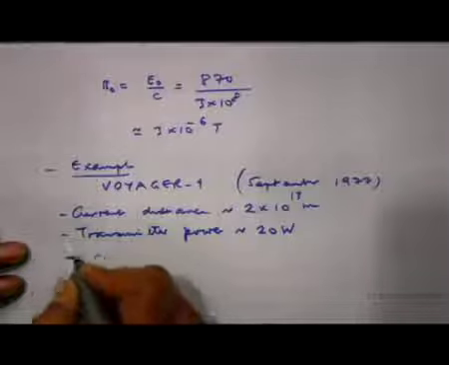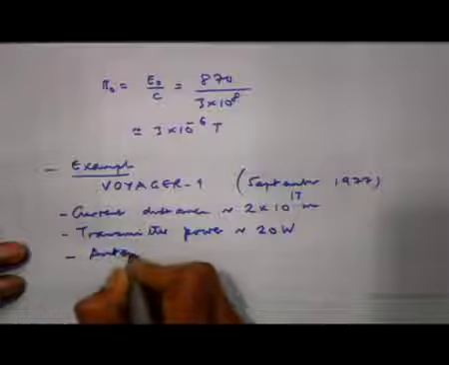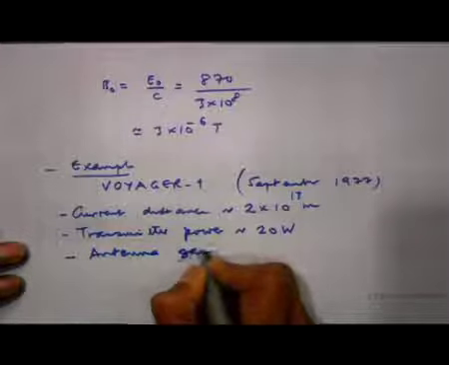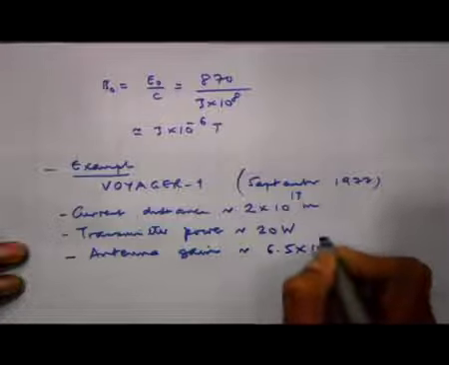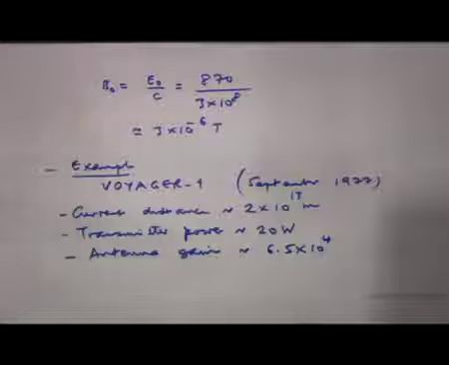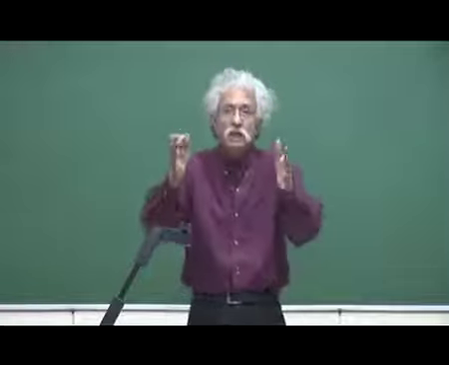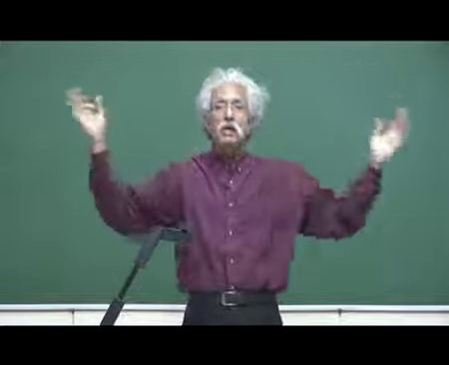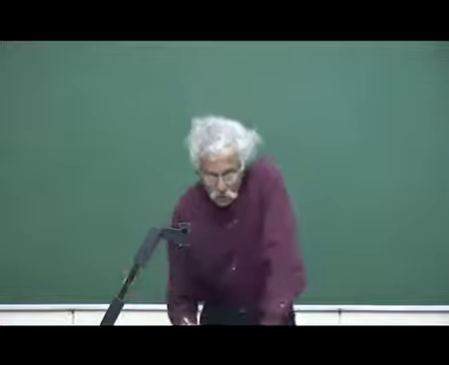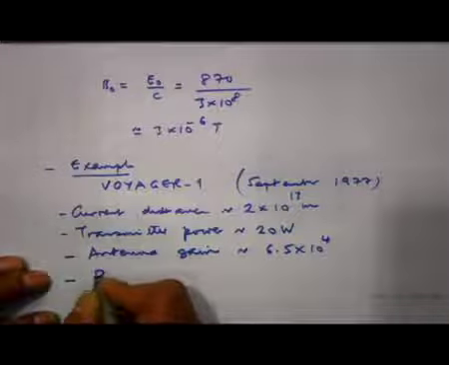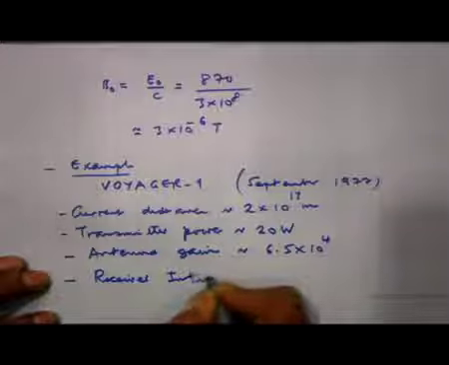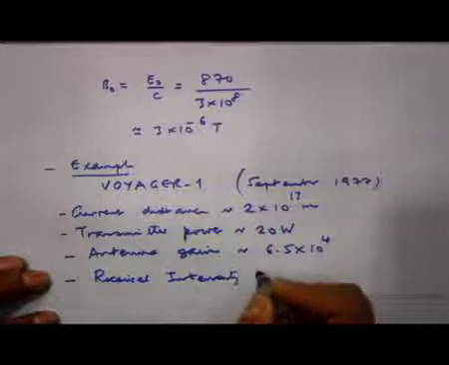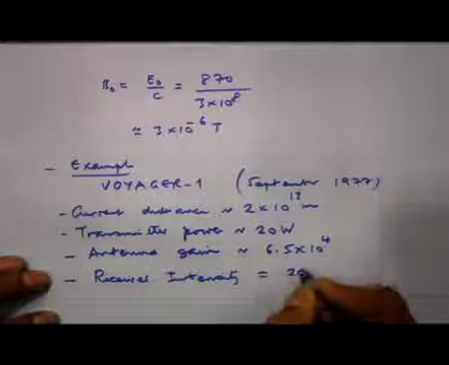So, we define what is called the antenna gain, which is approximately 6.5 into 10 to the power 4. It essentially gives me how much increased intensity I get, because I am now directing the electromagnetic waves in one particular direction and not radiating in all directions, and I can then calculate the received intensity, which is equal to 20 watts, the power emitted.